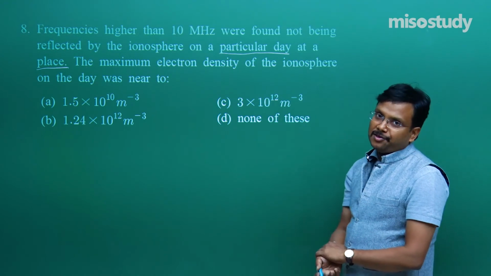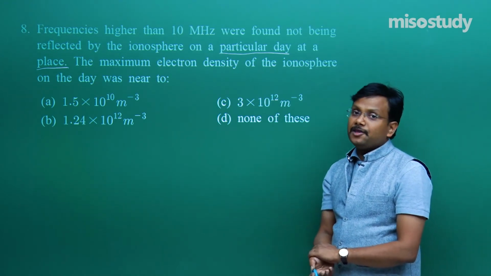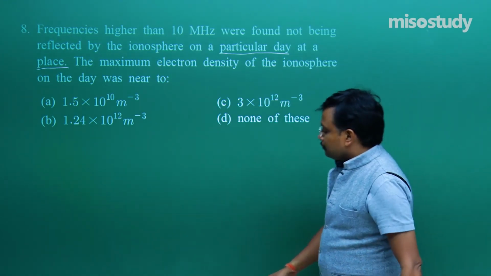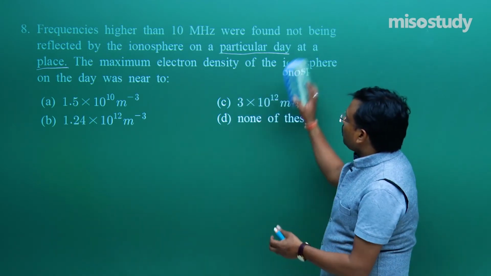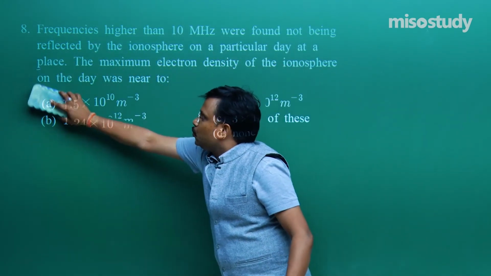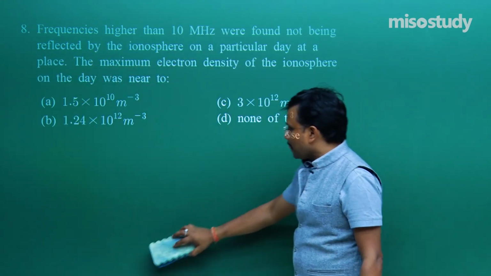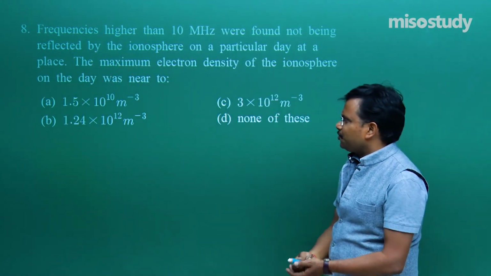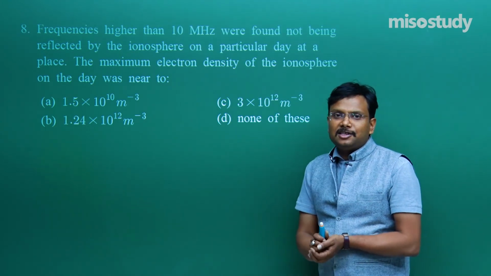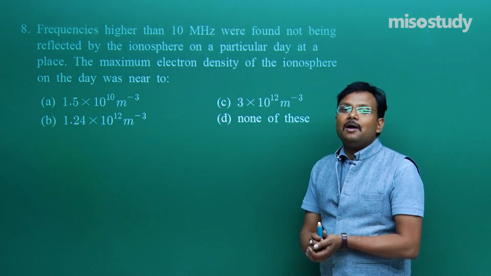Purely a formula is required for understanding this particular concept. So the electron density formula is used over here, a slightly different question. Few of you may say, sir, this is something we have not learned in this chapter. You learned it in this chapter. Why?